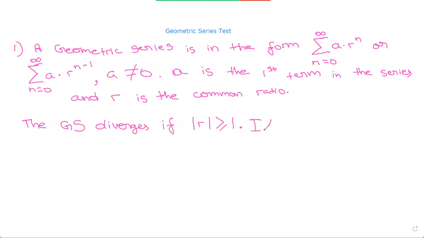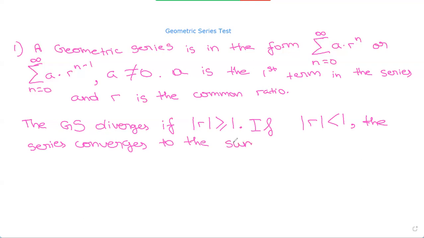Or if the absolute value of r is less than 1, the series converges to the sum S equal to a1 divided by 1 minus r.